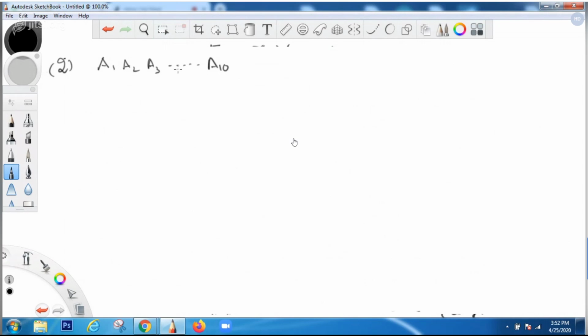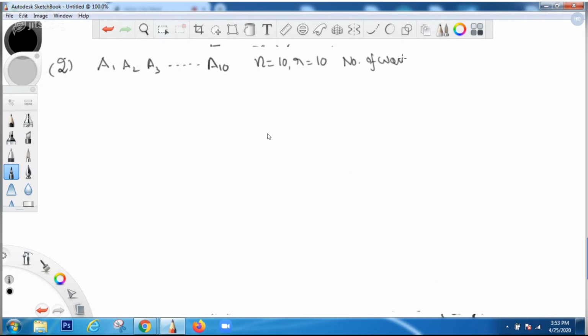How many persons are there? 10. How many places? 10. So how many ways can they sit? You are saying n is equal to how much? 10. r is equal to how much? 10. Number of ways is how much?